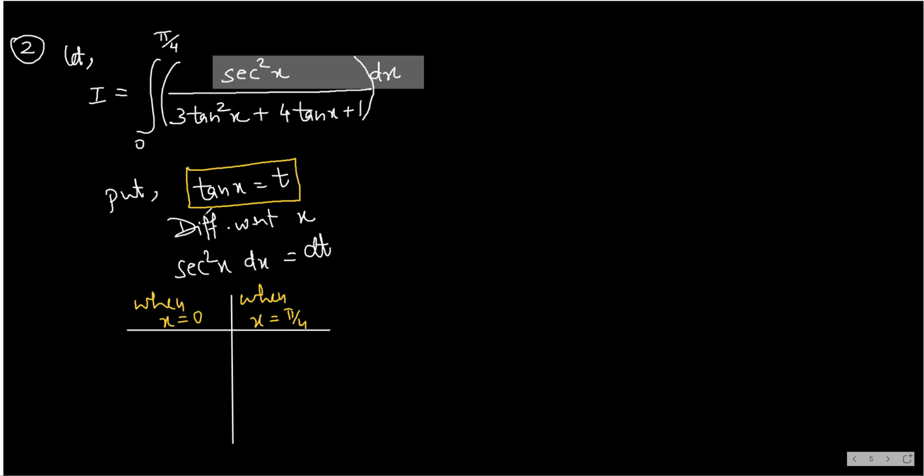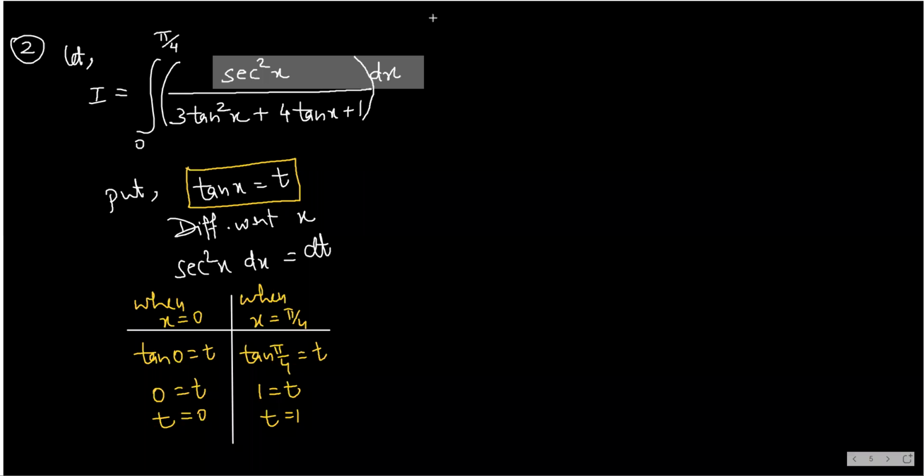Since it is 0 to pi by 4, put tan 0 is t, so t is 0. For x equals pi by 4, tan of pi by 4 is t. So t equals 1.